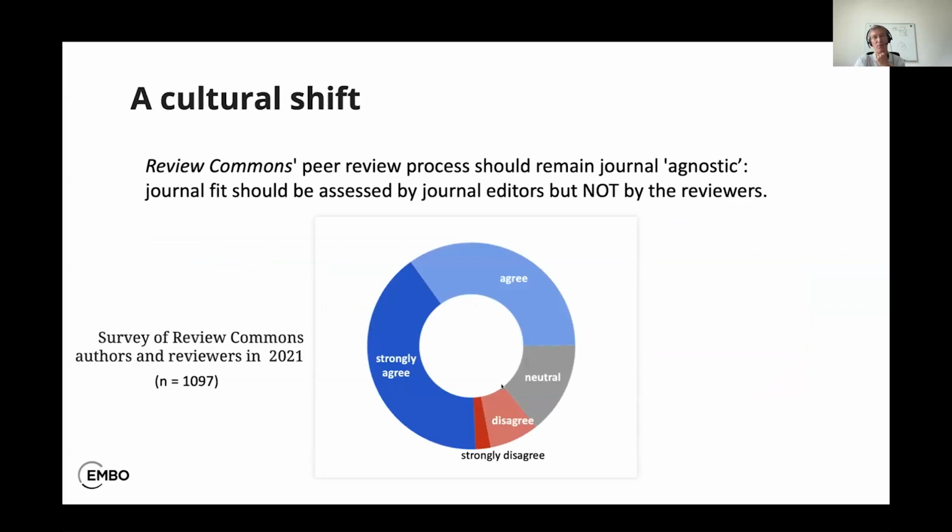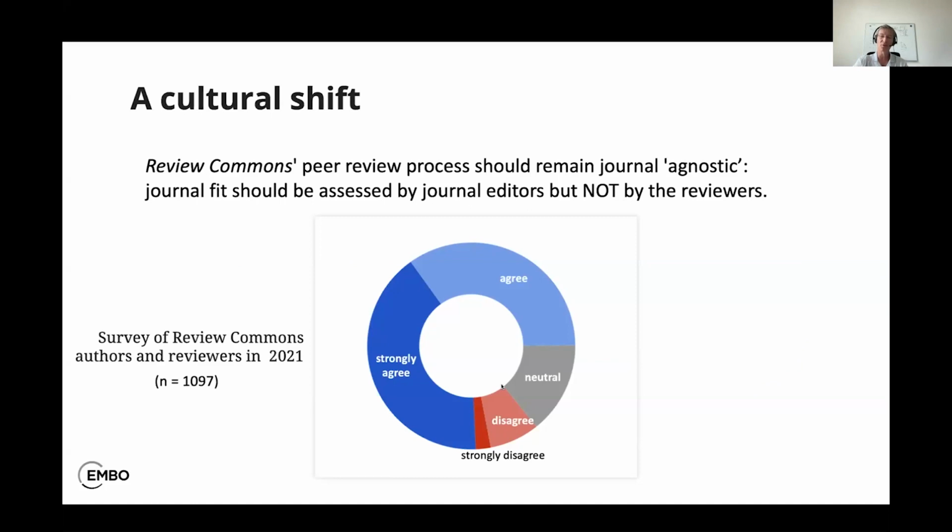We also asked our community what they thought about this journal agnostic peer review process, whether we should really remain clear and ask reviewers to only review the science, while scope and editorial selection should be the job of journals. And the response was very clear.